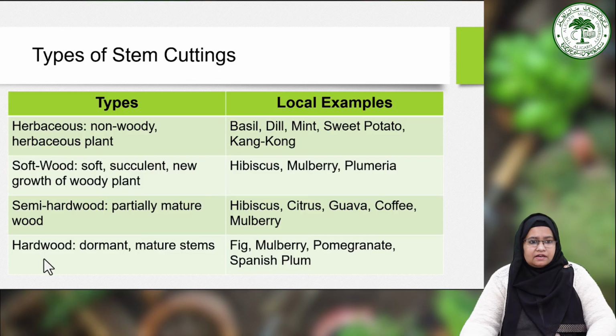And for hardwood or dormant mature stems, we can take mulberry, pomegranate, Spanish plum, etc.